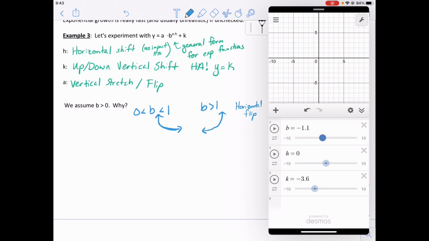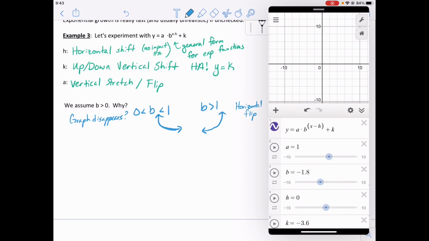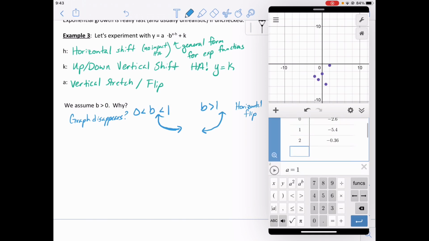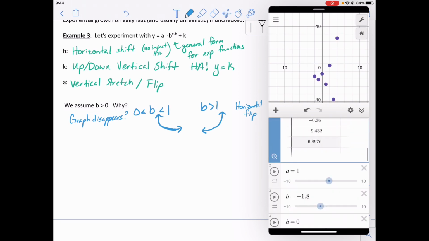What happens when we make b negative? It disappears. Does that mean it doesn't exist? No, because notice that Desmos has not yelled at us at all. And if we make a chart, suddenly we can see our graph. Look at this. Let's put in some more numbers like 3, 4, 5.